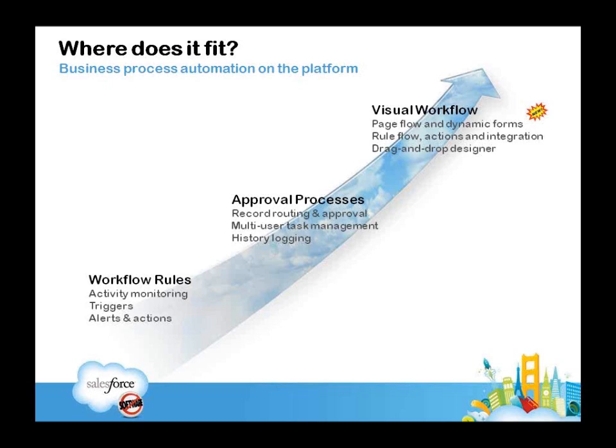Then the approval processes, for routing records through the organization for approval style processes. And visual workflow is actually not connected to the workflow rules yet, but it allows you to do page flow, dynamic forms, and flow of rules so that you can create these more complex multi-step processes, but they're much more on the user-focused end.